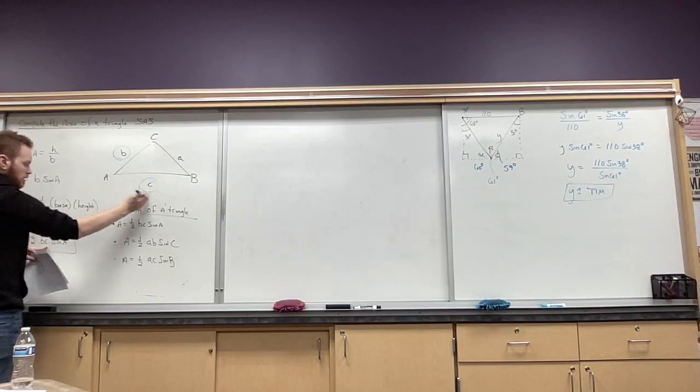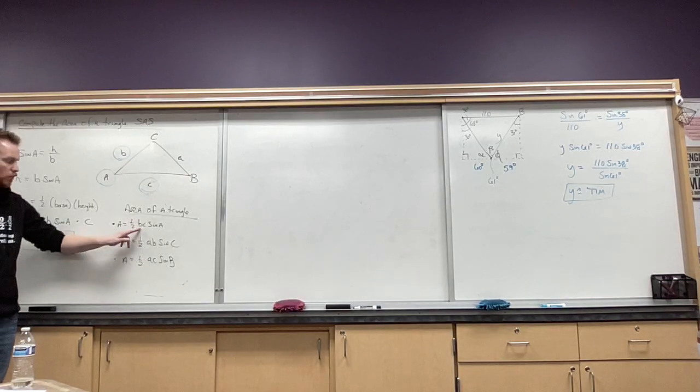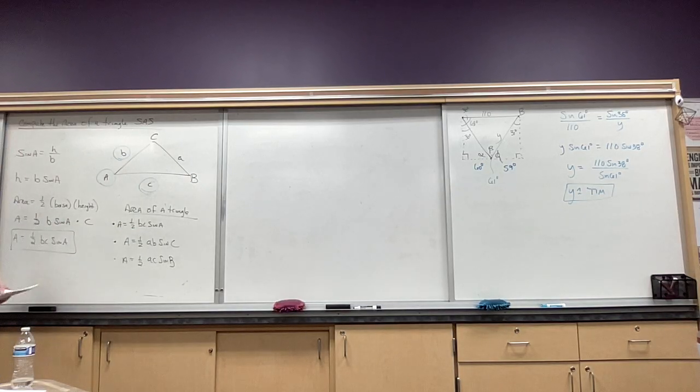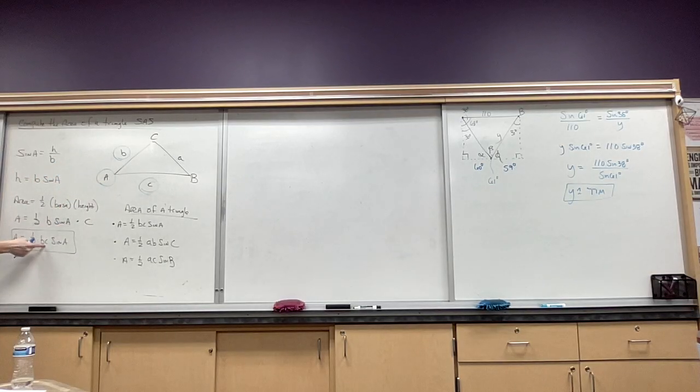We're using C, and we're using the angle between them, SAS, right? Okay. So again, do you have to memorize each formula and what you're using? No, just think of it this way. To find the area, you need the angle measurement and the sides that are left and right of it. Plug those in, multiply, and take half. That's what the formulas are doing. Okay? That's all you have to worry about.